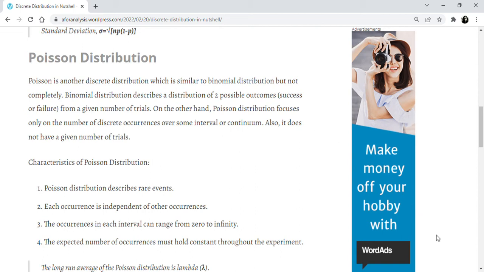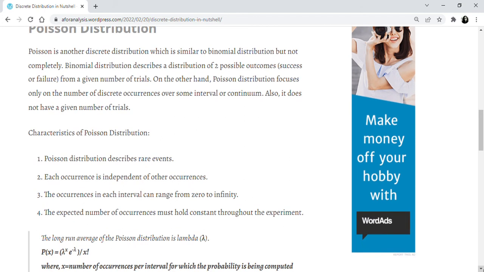Characteristics of Poisson distribution. So the first one is, of course, this is a discrete distribution. This complete chapter was about discrete distribution. So Poisson distribution is also a discrete distribution. Number two, Poisson distribution describes rare events. Each occurrence is independent of other occurrence. So this is also looking similar to binomial distribution. The occurrences in each interval can range from 0 to infinity.